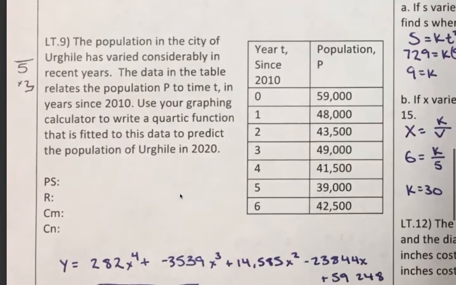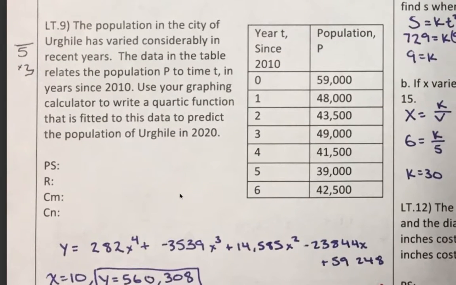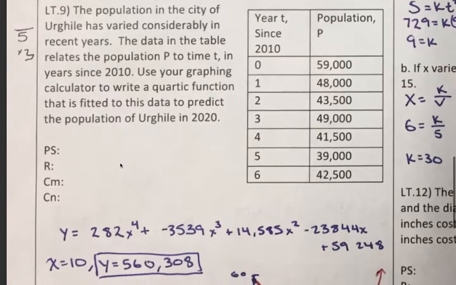All right, learning target 9, a problem-solving question. So here you're using your graphing calculator to find the line of regression, or the line of best fit for this data, and then use that to predict the population in Urgheil in 2020. It does say use a quartic function, so that's to the 4th power.